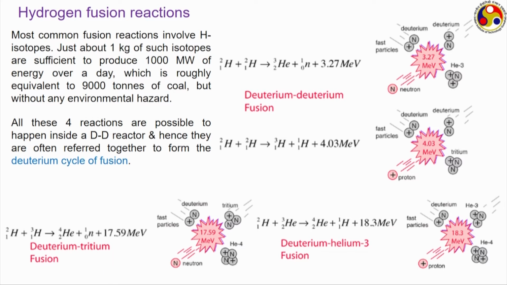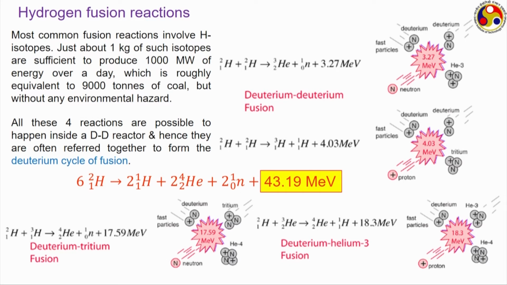To get that, we just need to add those four equations together to get this final form, where we can see that 6 nuclei of deuterium participate to produce 2 protons and 2 helium nuclei, helium 4 the common nucleus, plus 2 neutrons as well, plus if we combine all the energy yield, 43.19 MeV of energy, which is really a huge amount of energy.